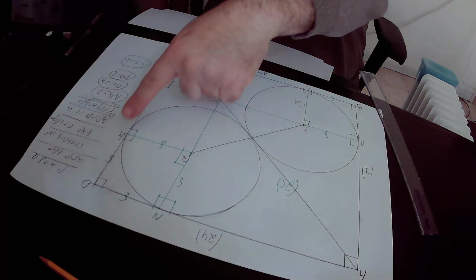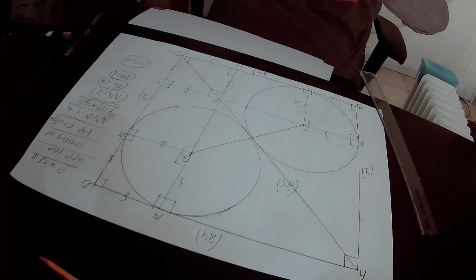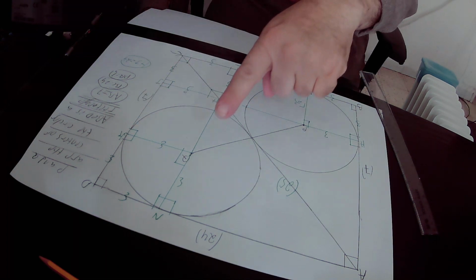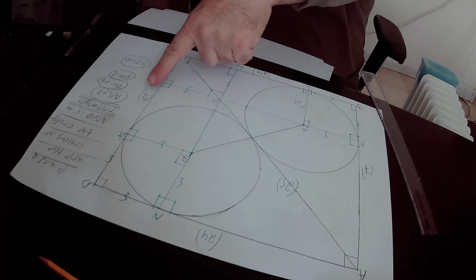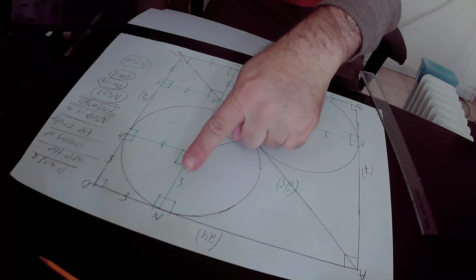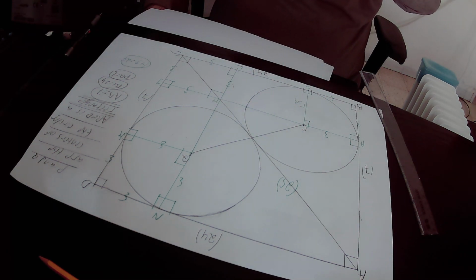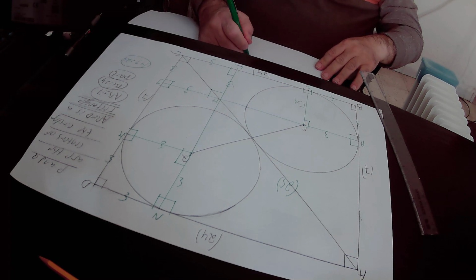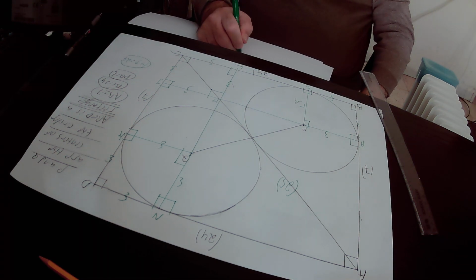But DC equals 7 units, as given in the question. Therefore, NL must also be equal to 7 units in its length. So this side NL equals 7 units in its length.